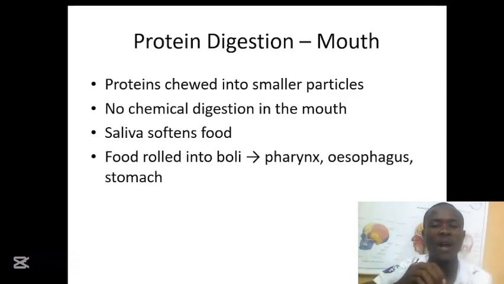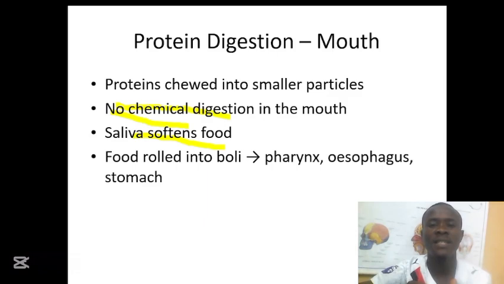And we also have saliva in the mouth that helps to soften the food, but the saliva doesn't have any enzyme that will digest protein. Therefore, no chemical digestion of protein is occurring in the mouth.